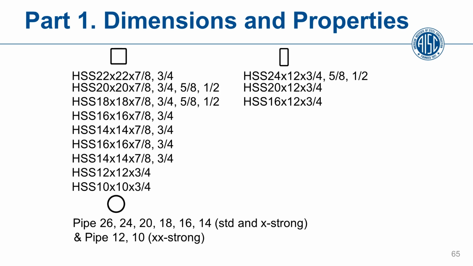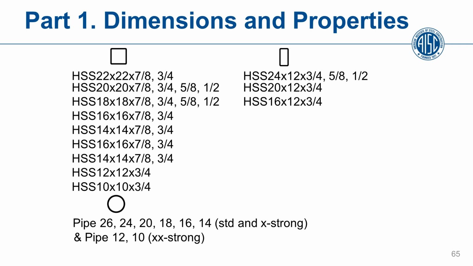New HSS shapes. We're up to 22x22x7/8 and 3/4 for square HSS shapes. And also for rectangulars, we have 24x12x3/4, 5/8, and 1/2 inch.